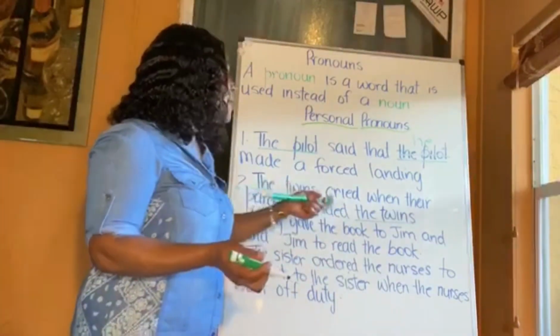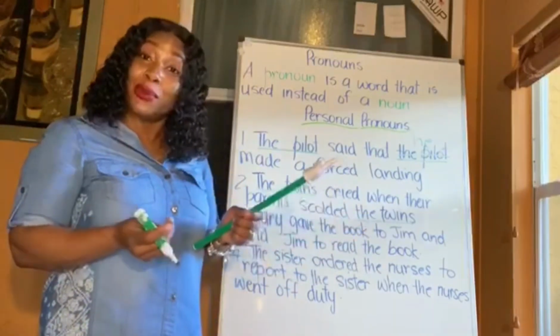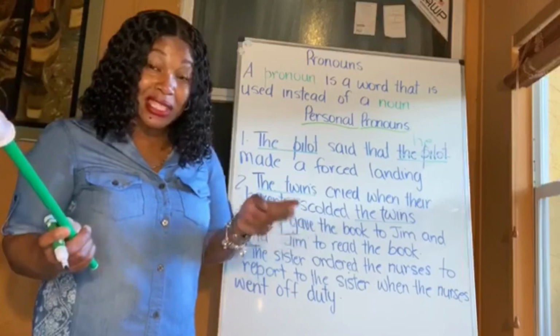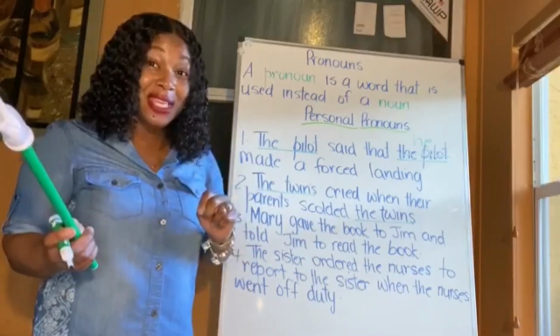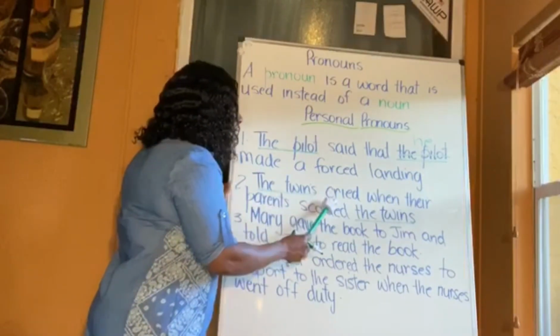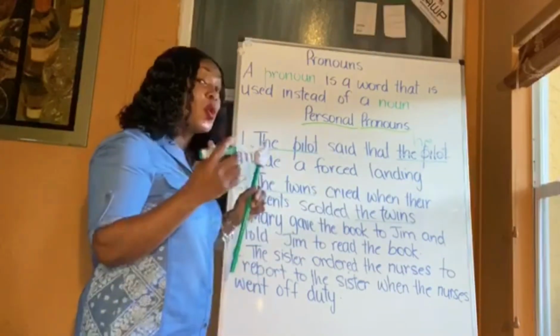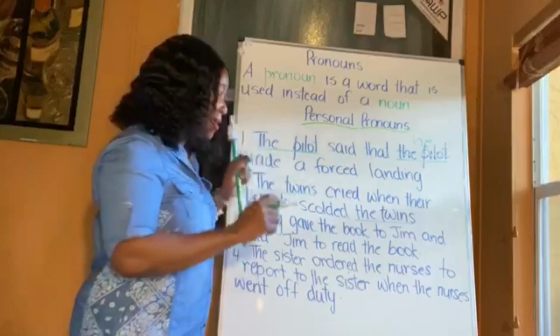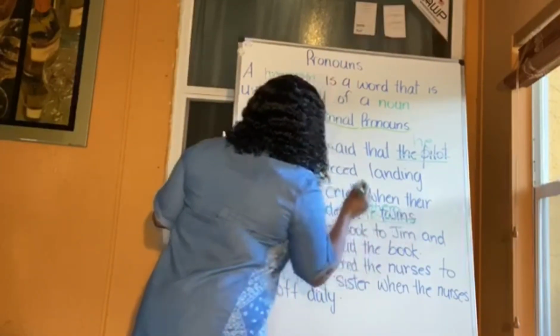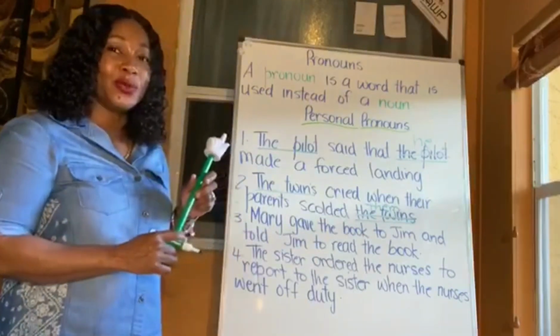So we need to replace the twins with a pronoun. But the twins, how many persons? 2. It simply means we need the plural. So the twins cried when their parents scolded them. Good job. Them. So we replace the twins with them.